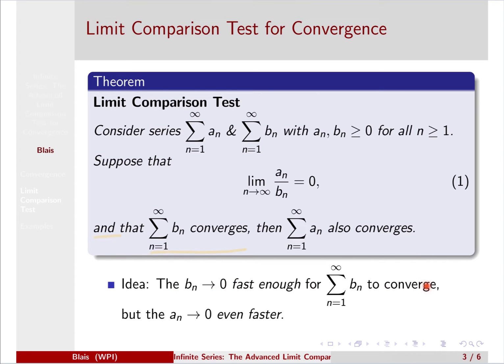It's going to 0 fast enough for the sum to converge, but it is in fact going to 0. For this limit overall to be 0, a sub n has to be going to 0 even faster than the b sub n. In fact, you can think of it as an entire order of magnitude faster. So the b sub n's are going to 0 fast enough for the sum of the b sub n's to converge. If the a sub n's are going to 0 even faster, so that this limit results in 0, then the sum of the a sub n's also converges.